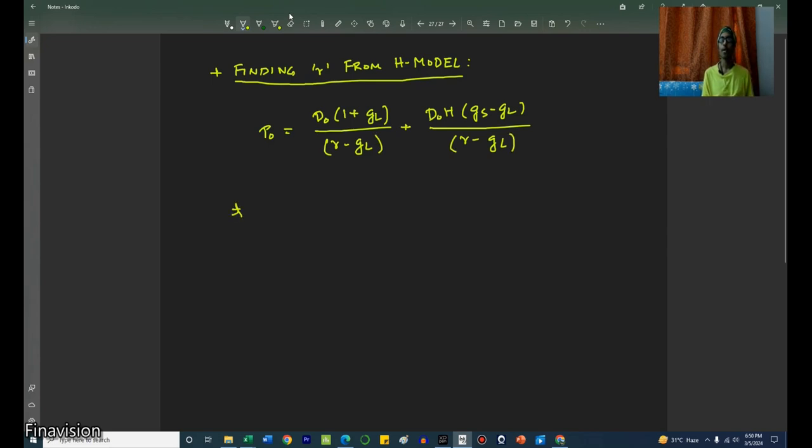We do a little bit of shifting. R minus GL is equal to D0 plus D0 into GL plus D0 into H into GS minus D0 into H into GL.